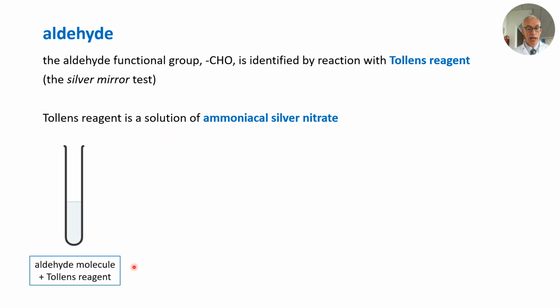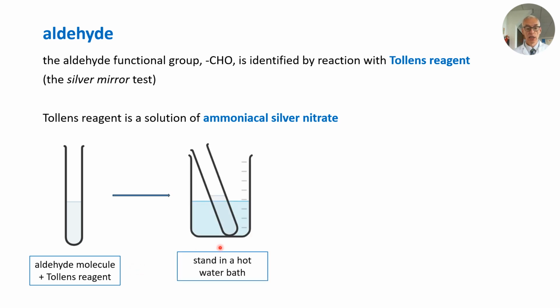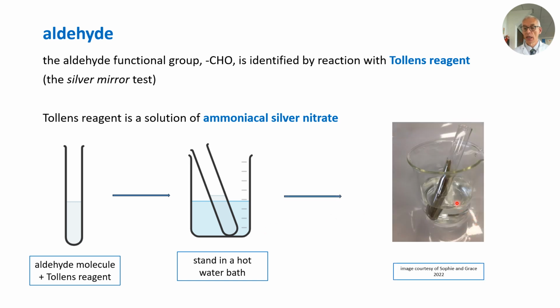So starting with your aldehyde molecule and Tollens reagent, stand the mixture in a hot water bath for some period of time. A silver mirror is produced. Silver is reduced from its +1 state to its elemental state and forms as a precipitate on the glass. So we get a silver mirror. That is a positive test for the aldehyde functional group.